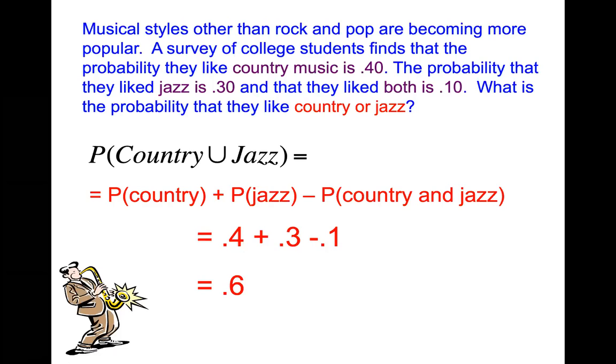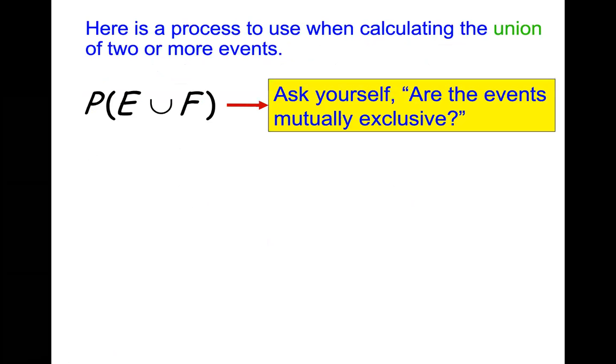Okay, so here is your mind map. When you're trying to find the union of two events, E or F, the first question you should ask yourself is, are the events mutually exclusive? Just a reminder, mutually exclusive means that there is no intersection, so when you do your Venn diagram, it's two separate circles.